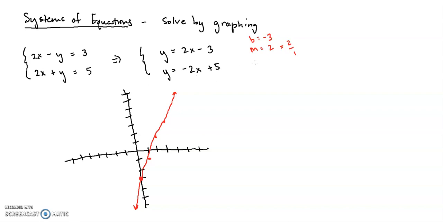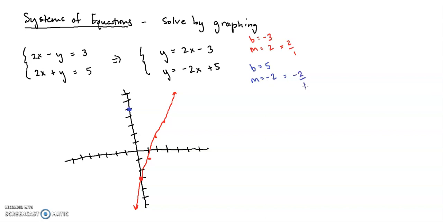The other one has a y-intercept of 5 and slope of negative 2. Y-intercept 5 means I'm going to start at 5: 1, 2, 3, 4, 5. And slope negative 2 means, remember, we can put the negative with the top or the bottom of the fraction.